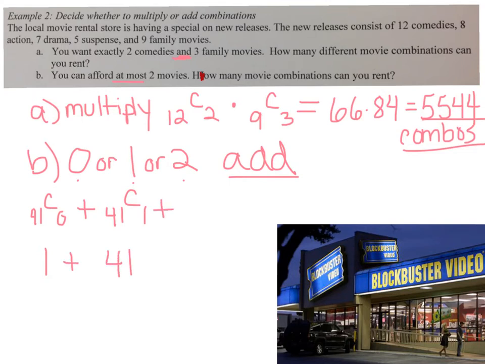And then we're going to add to that the combination of 2 out of 41, so 41C2. And when you plug that into the formula, or if you want to use your calculator, you will get 820. And so when you add 1 plus 41 plus 820, because that's none or 1 or 2, we have 862 different combinations of 0, 1, or 2 movies.